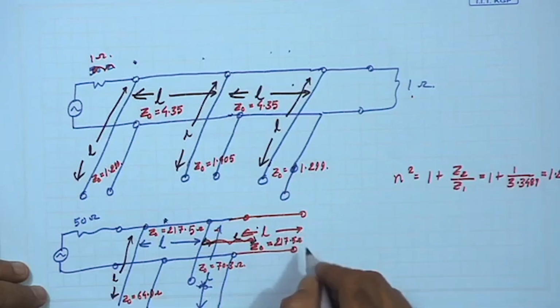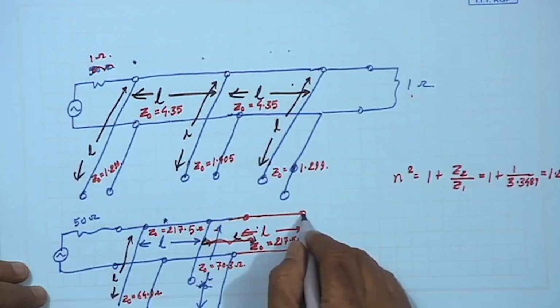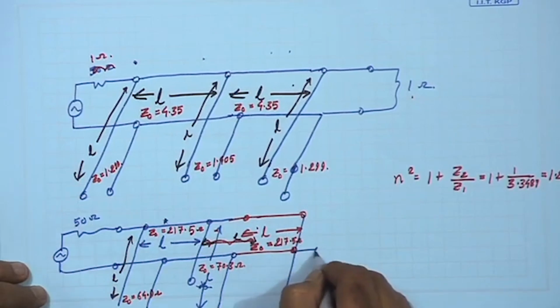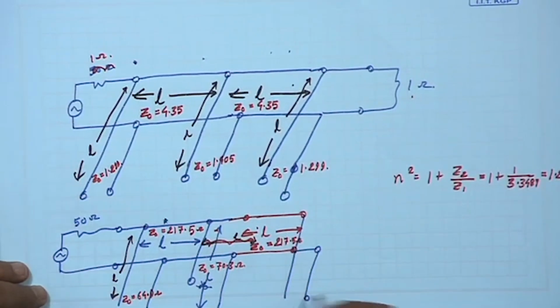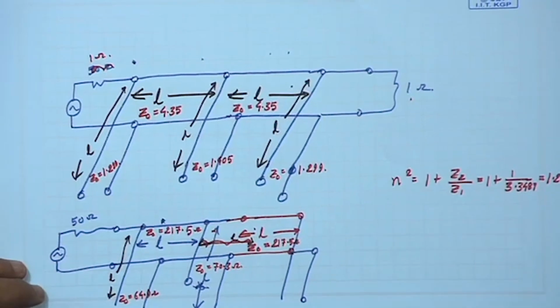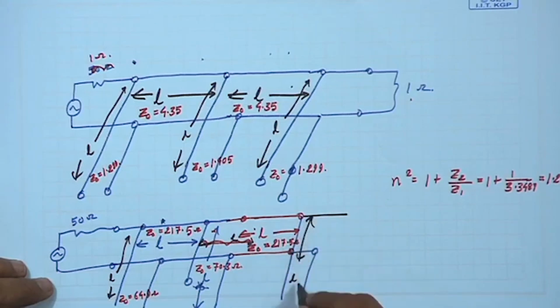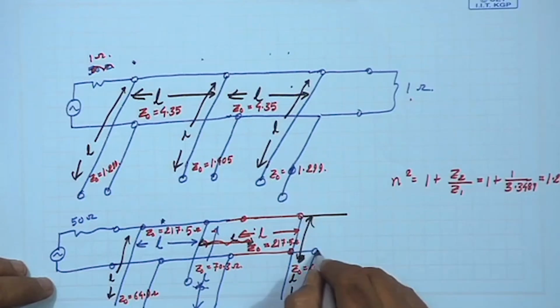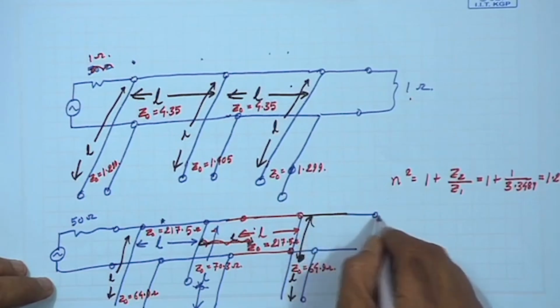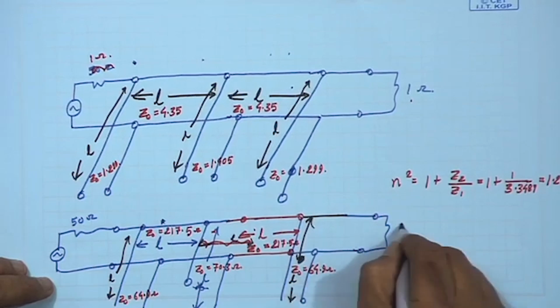Then from here another stub. So, that again is length L, and this stub will have Z naught equal to 64.9 ohm, and then you will have this 50 ohm line.